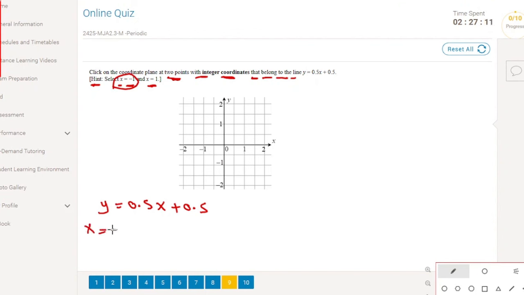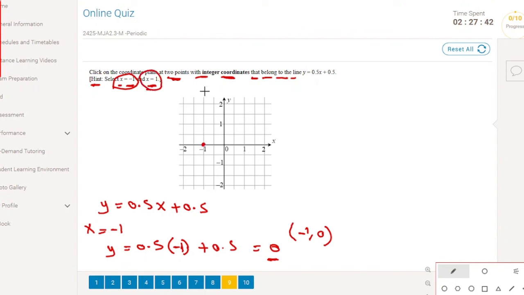When x equal to minus 1, y will be equal to 0.5 multiply minus 1 plus 0.5. So this will equal 0. So the first point will be minus 1 and 0. So it will be this point.